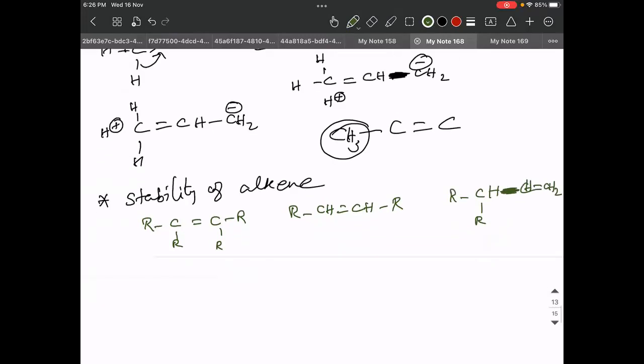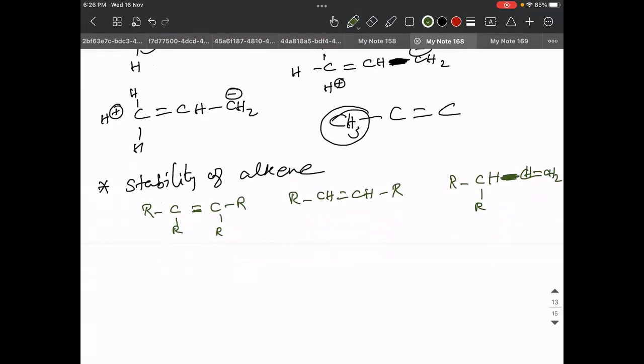Then look here, this carbon with the alkyl group. Suppose the R is a methyl group. You have 4 CH3 groups in this structure.